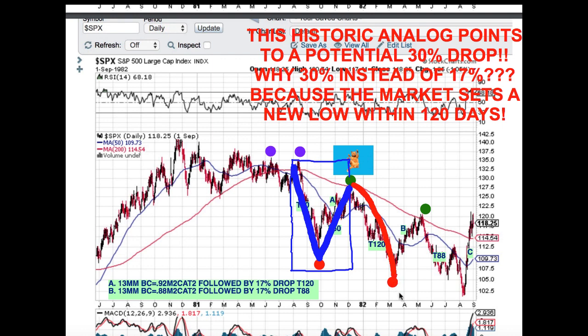Yes, it actually goes lower. So in this particular case, we're going to have a scenario unveiling where the market could set a new low, which would be below that 2174 figure. So potentially it could be dropping all the way down to 2113, which would be a 30% drop from a 3,000 level, or about 3010 level.